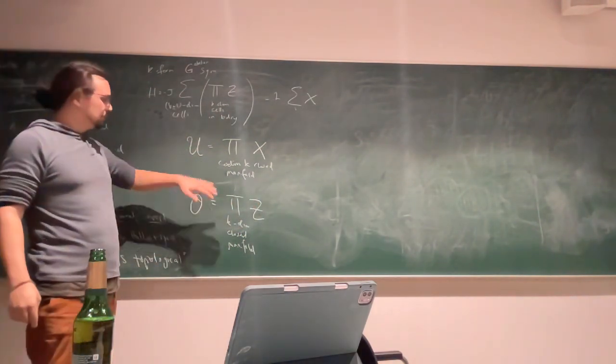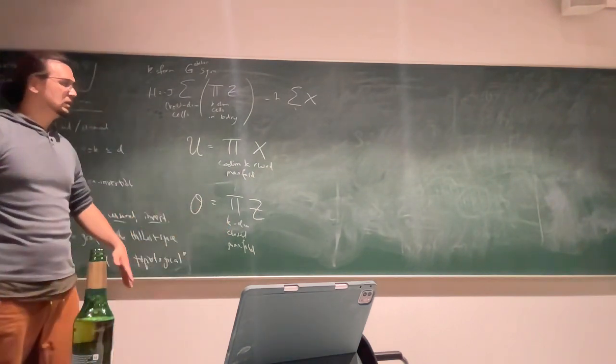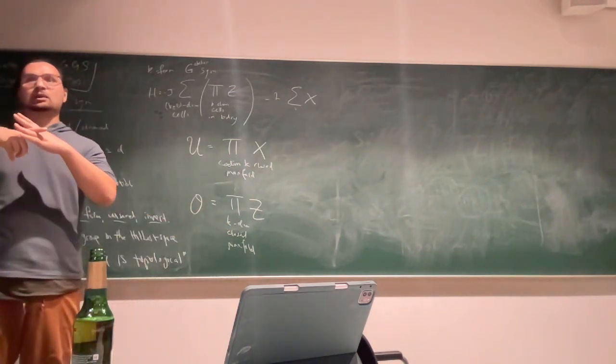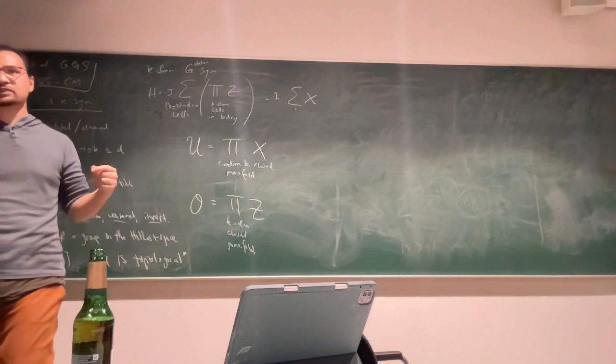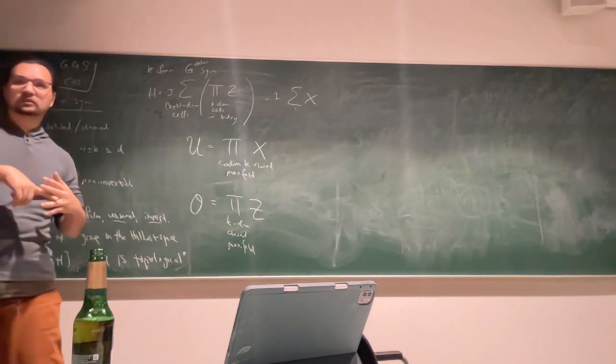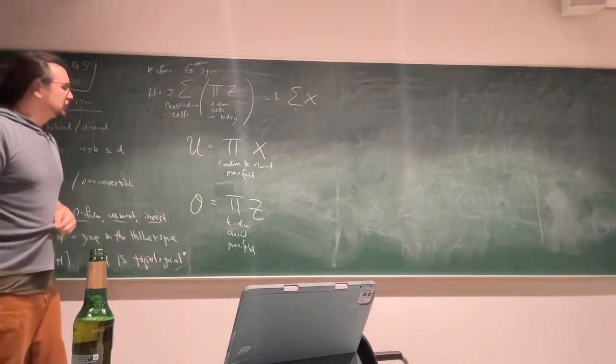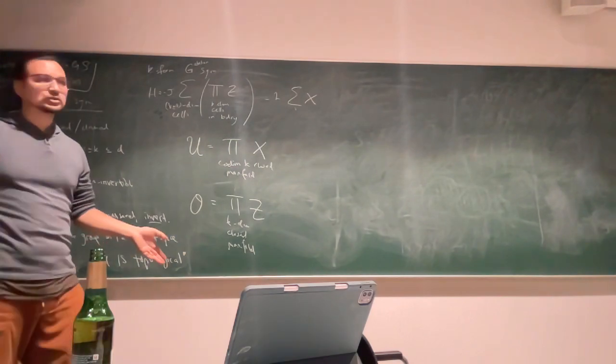And because this is codimension K and this is dimension K, that means that these operators will intersect at one point, basically, or at some discrete points. And at those discrete points, they will fail to commute. So this is what it means to have a K-form symmetry.